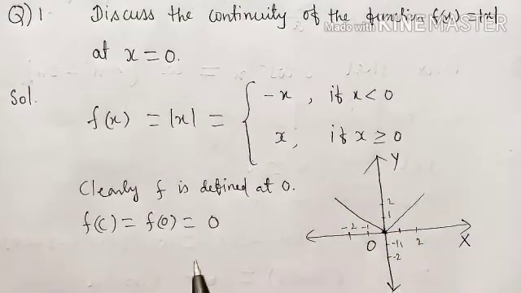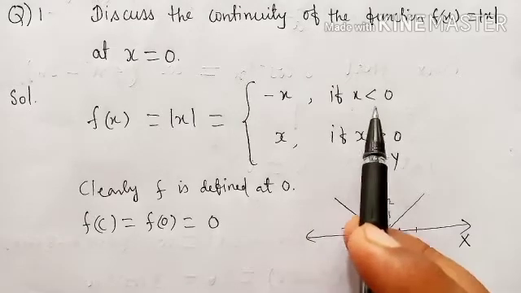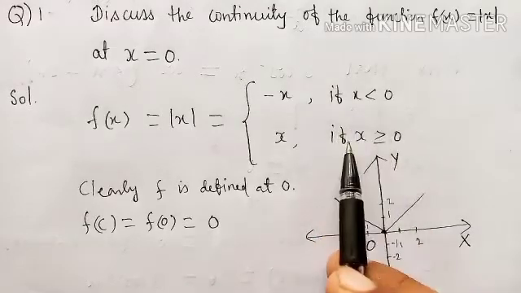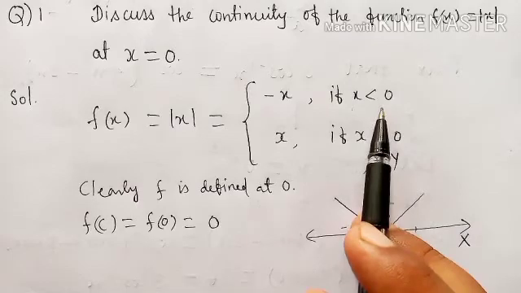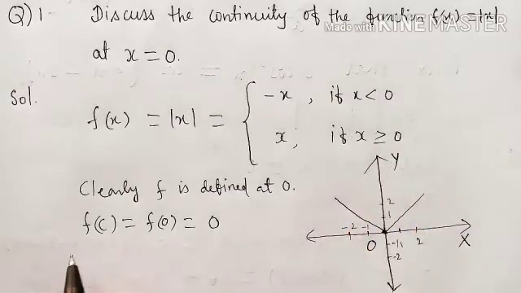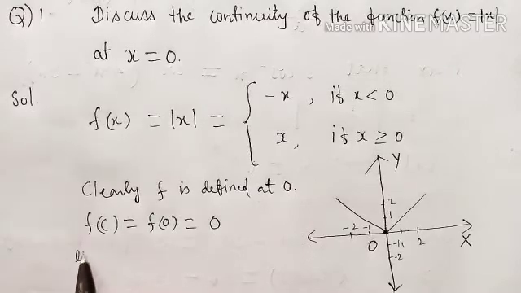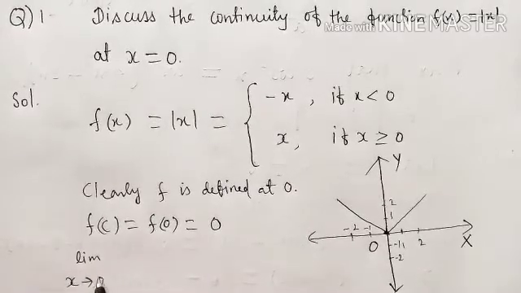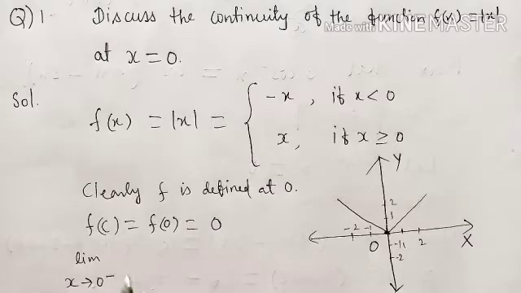You have to write limit. Here you have to write left hand limit and right hand limit, because here when x is less than 0 the function is minus x. So limit x tends to 0 minus. You know that limit x tends to 0 minus means x tends to the value nearer to 0 from the left side.